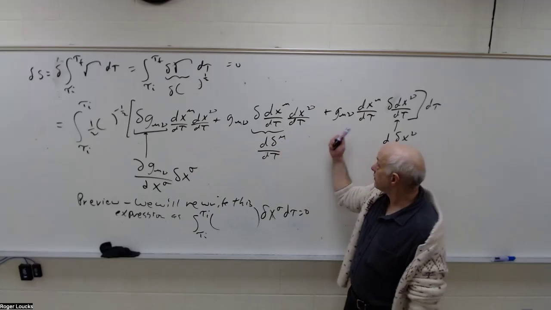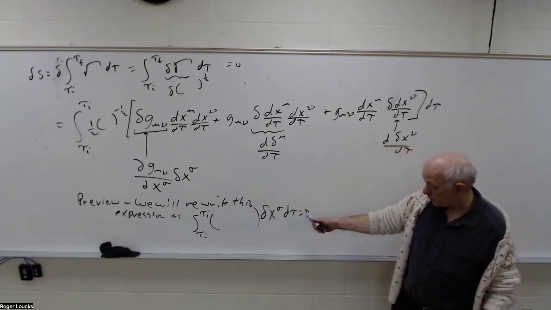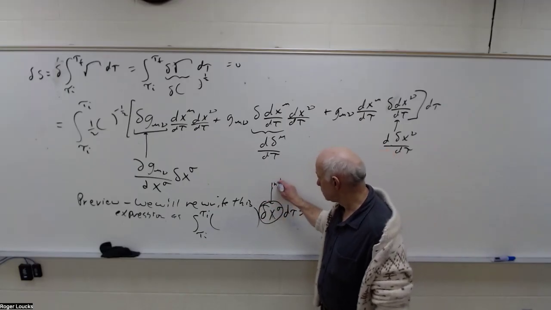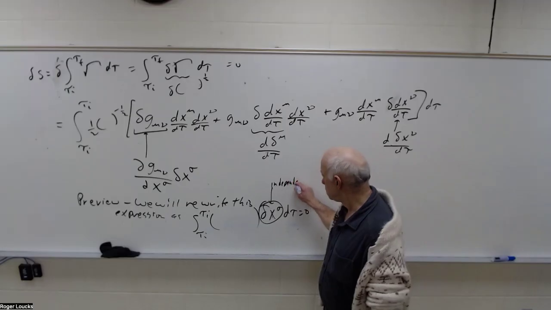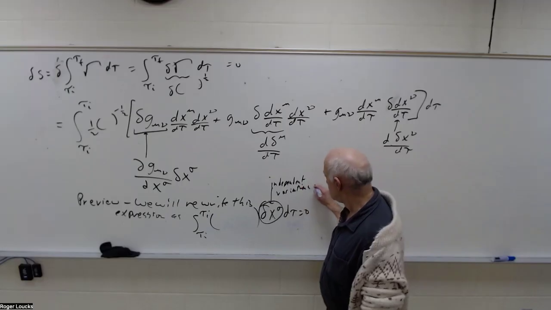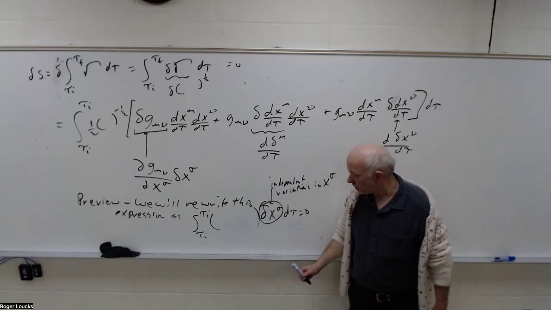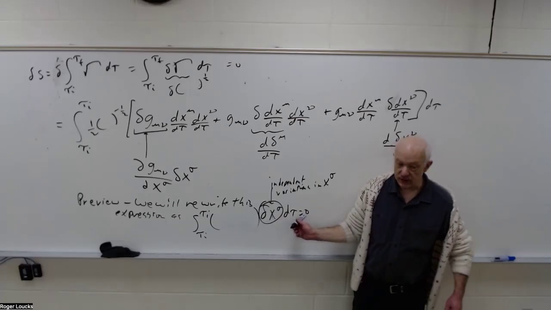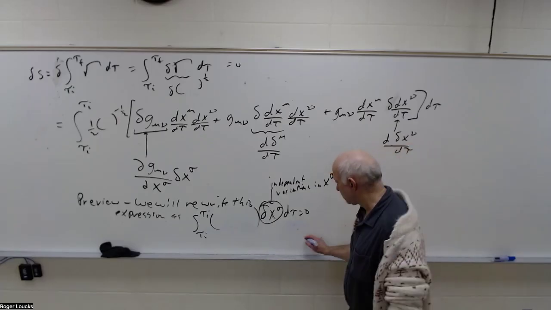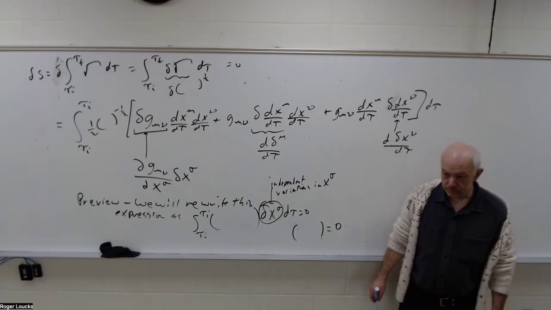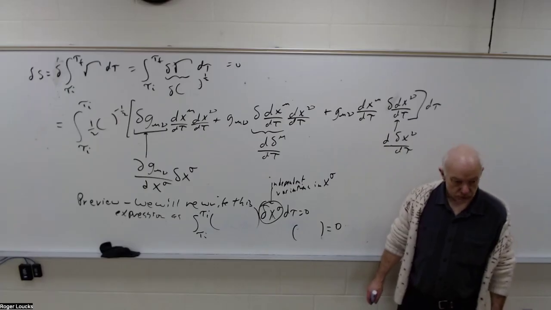This one isn't quite like that, and this one isn't quite like that. We're going to pull that out of each of the terms. And these are independent variations. So it doesn't matter what variation I put in here, I always get 0. And the only way that can be the case is if this entire argument equals 0. So that's ultimately what we're going to try to do.